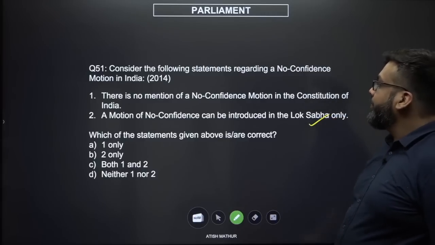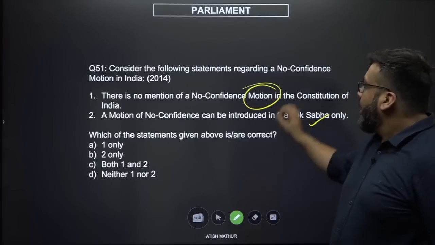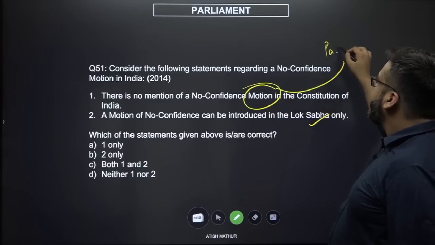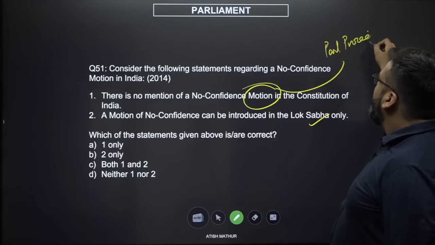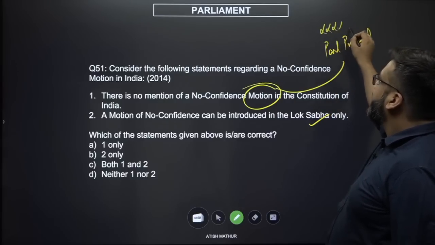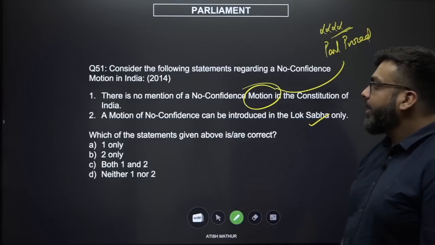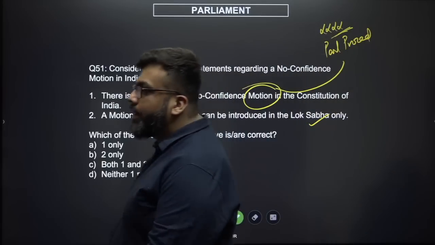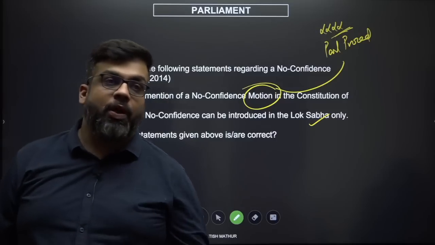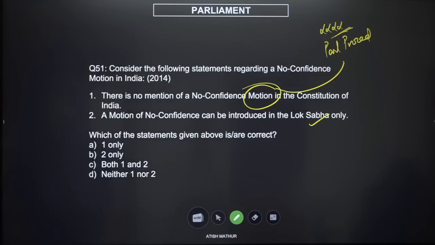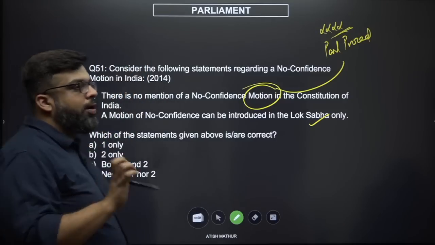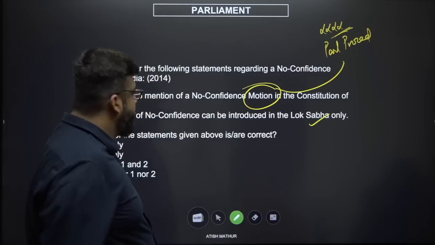There is no mention of a no confidence motion. A motion is a parliamentary procedure. No parliamentary procedures per se are mentioned, except the motion of thanks in a defined entity, right? All that it says is if the government loses majority or loses the confidence of the House, but nowhere does it mention no confidence motion as a term in the Constitution.